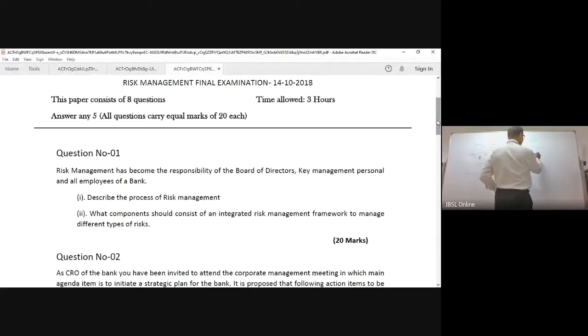We said the major components are these, procedures and structure. This is what the framework consists of.